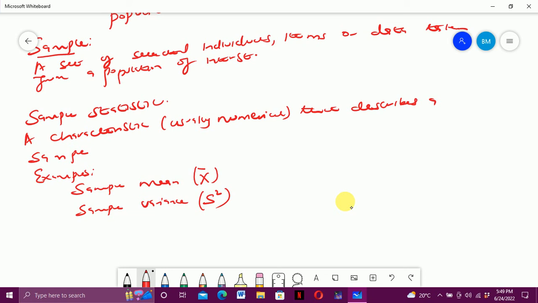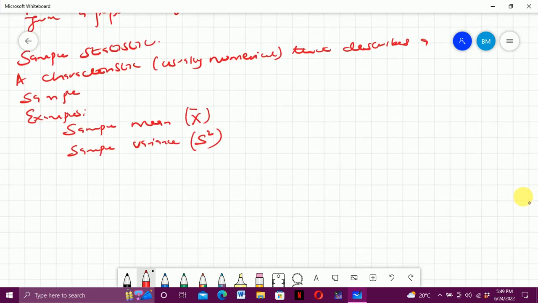Now, the other thing that we are going to consider is what we call the target population.